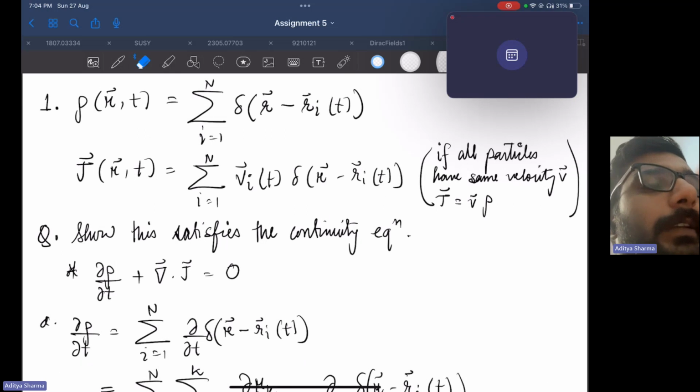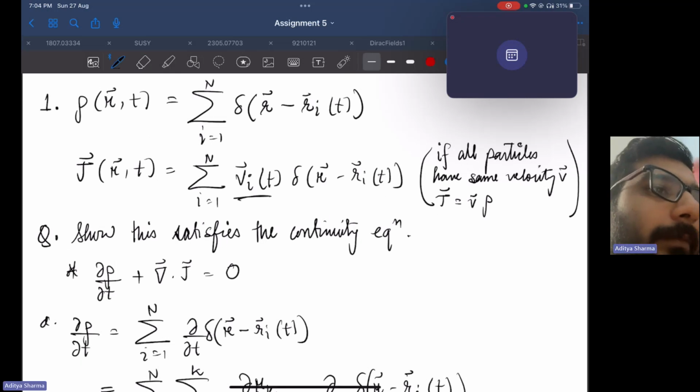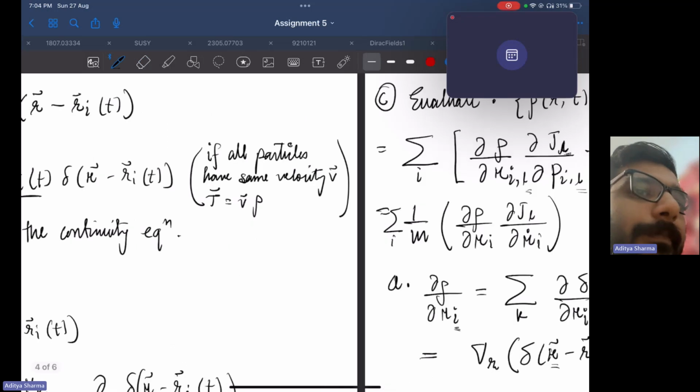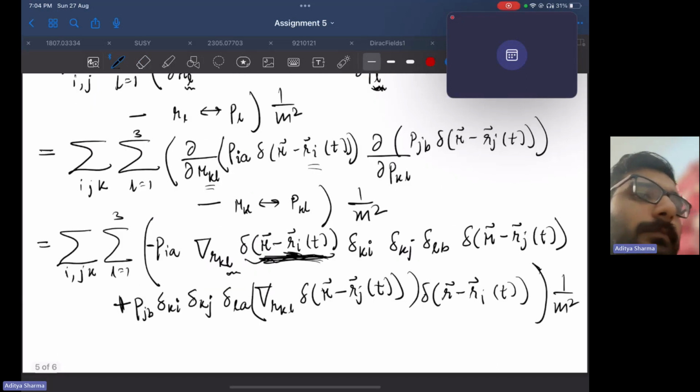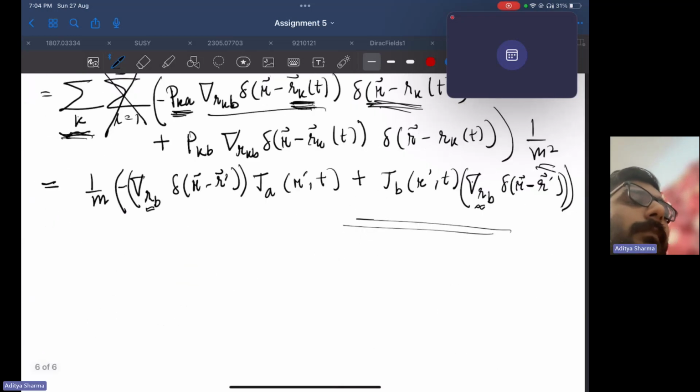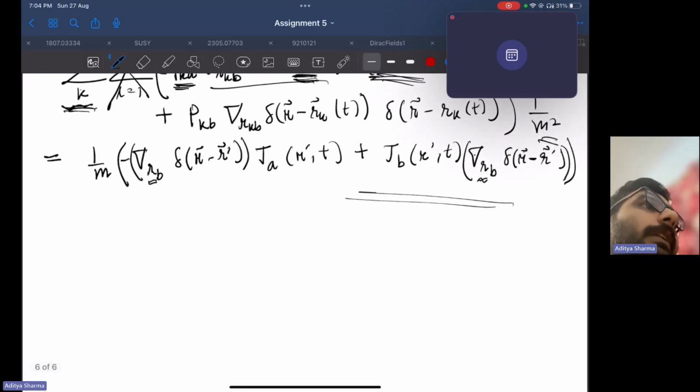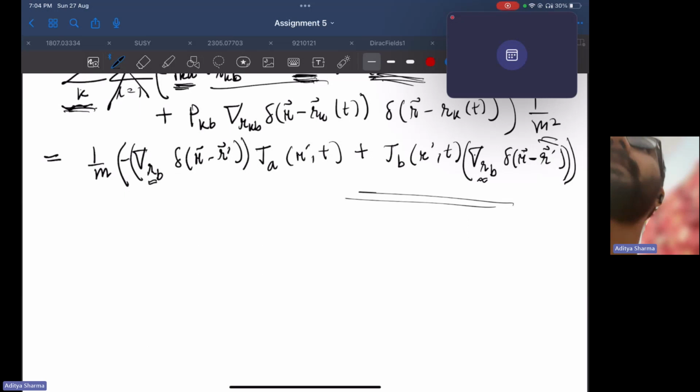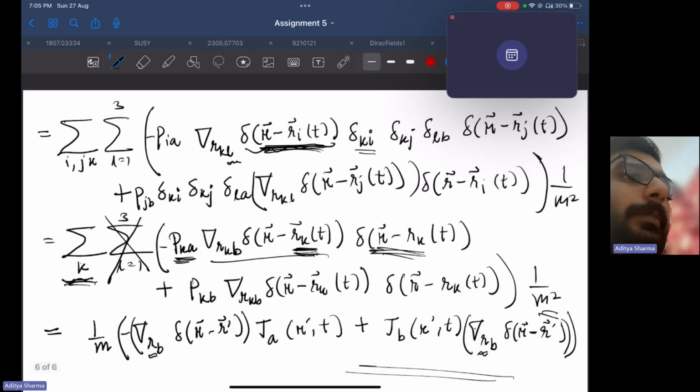The idea is that all the particles have the same velocity at some position r. So instead of v_i, we substitute velocity as a function of the fields, of space.